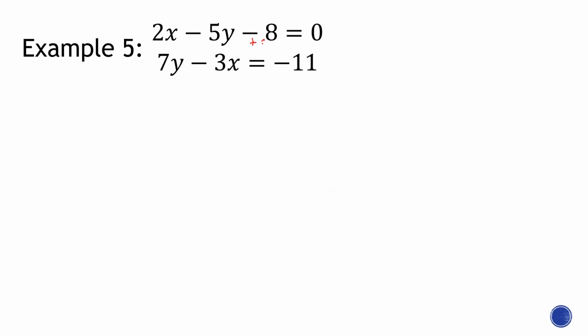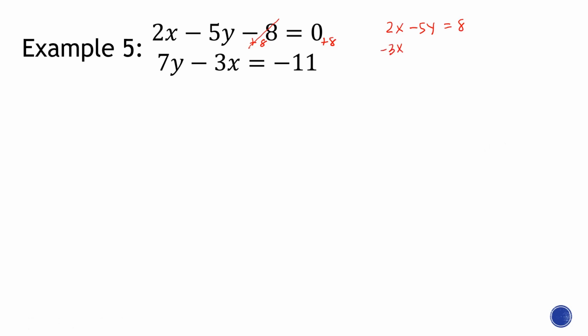I will just add 8 here on both sides. So that will be crossed out. That will be equal to 0. So this will be equal to 2x minus 5y equals 8. So in the second equation, we just need to switch 7y and negative 3x, their places. So negative 3x.